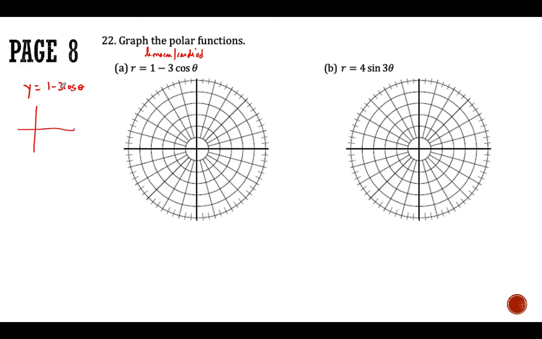It's cosine, negative, starts at a min, its amplitude is 3, from a sinusoidal axis of 1. So it's going to start at a minimum. If I have to go a distance of 3, that's at -2. So it's going to go like something like that. The only thing I care about is that there is a portion below the x-axis. That means I'm going to have a loop, a limaçon with a loop.